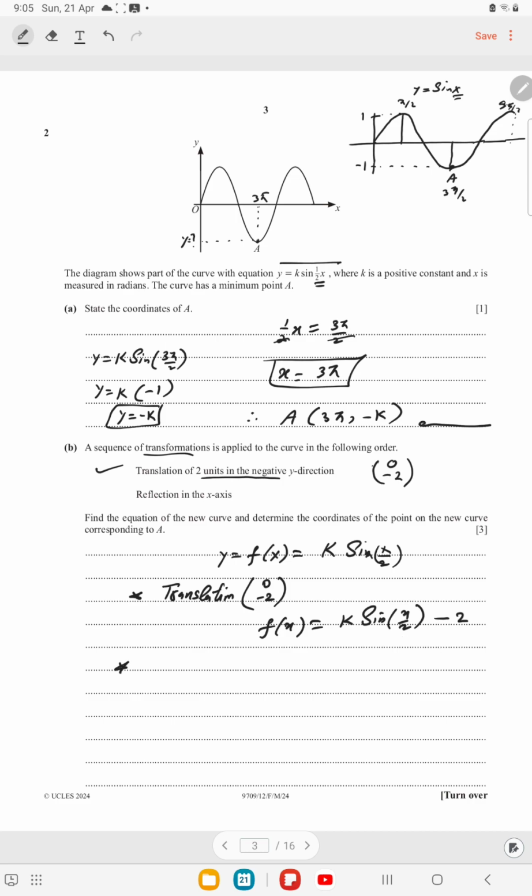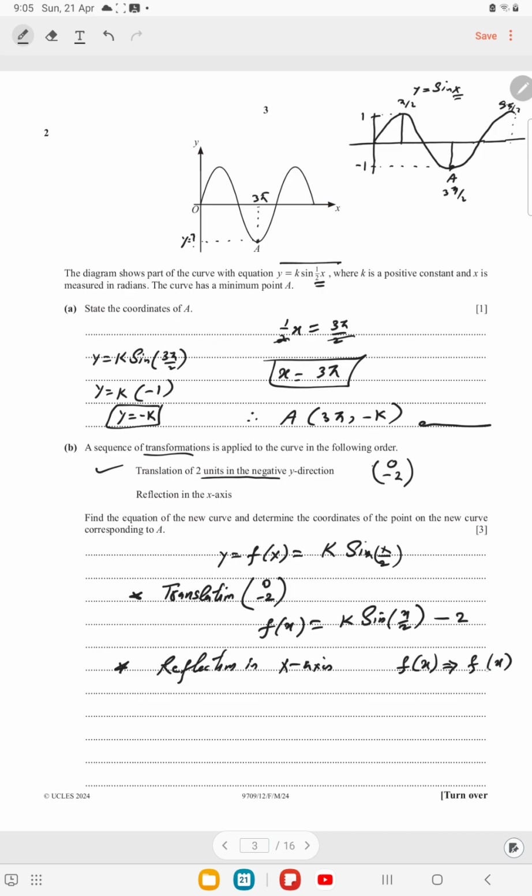The second case says reflection in the y-axis, x-axis, sorry, reflection in the x-axis. That means for this, you have to write f of x changes to f of minus x, right?